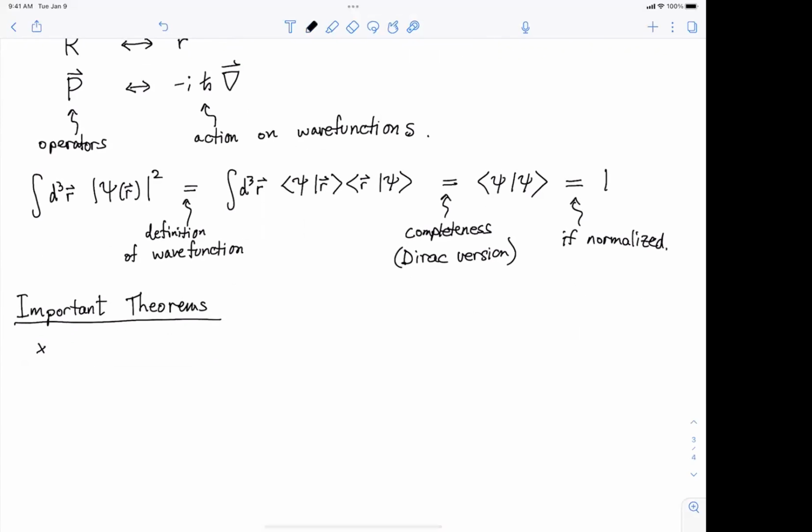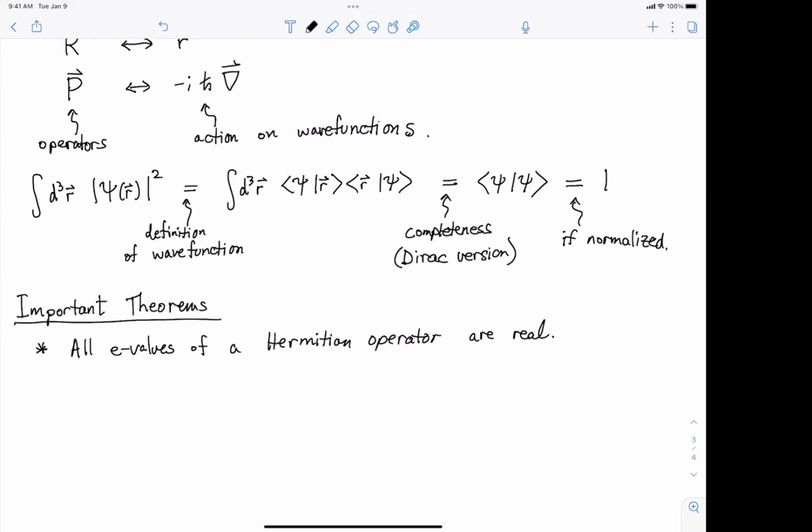So one is all eigenvalues of a Hermitian operator are real. So if you're working a problem, sometimes that gives you a consistency check that you can use to your advantage.